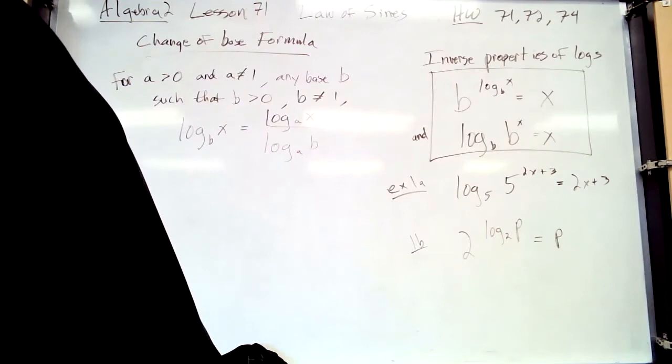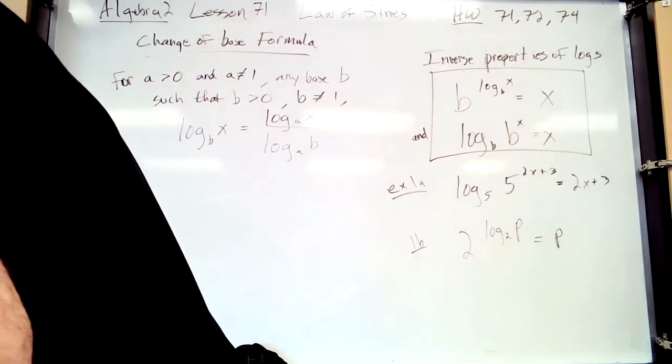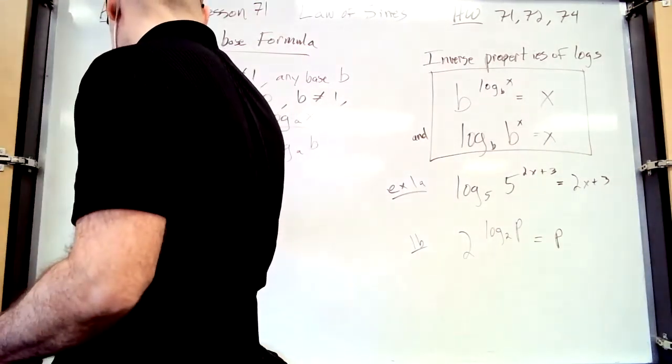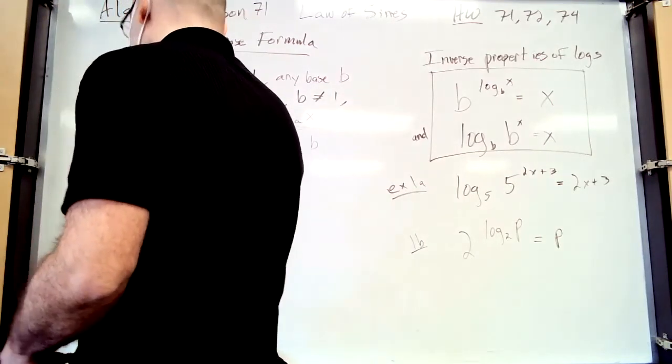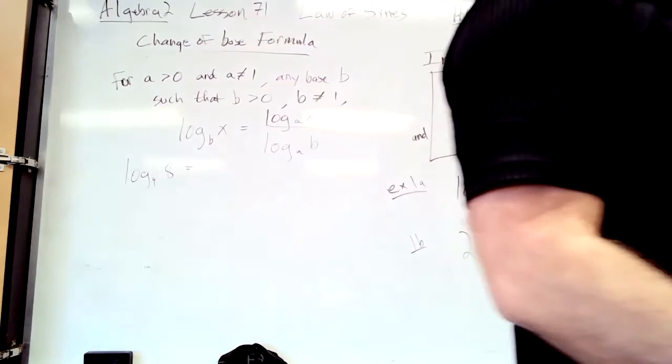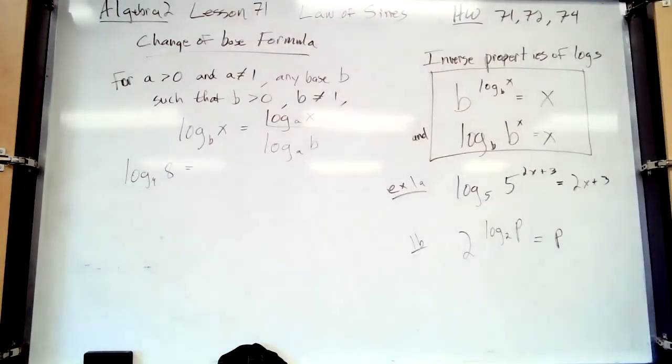I want to evaluate a logarithm by changing the base: log base 4 of 8. If I think about this exponentially, I'm asking myself, what exponent do you apply to 4 to get 8? Well, 4 squared is 16, and 4 to the first power is 4. So it's somewhere between 1 and 2, right?